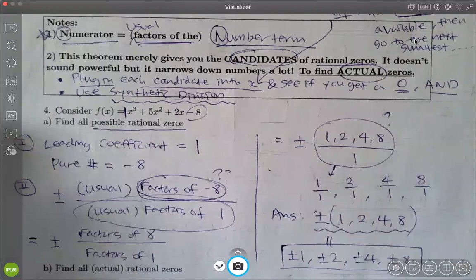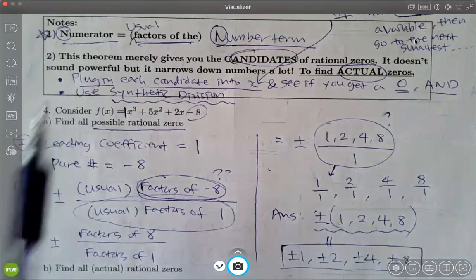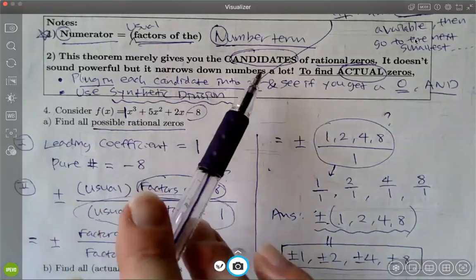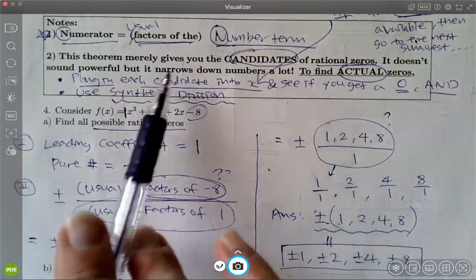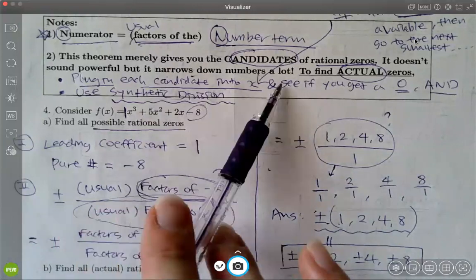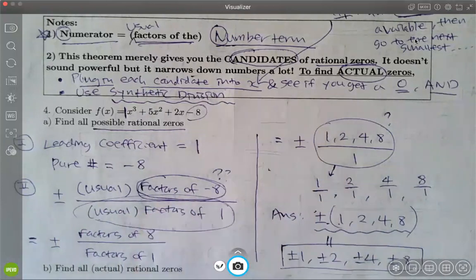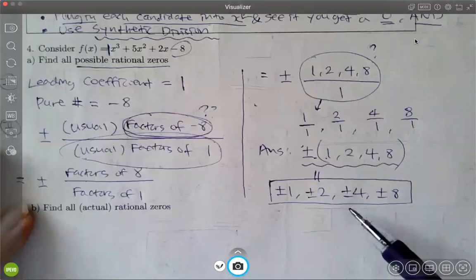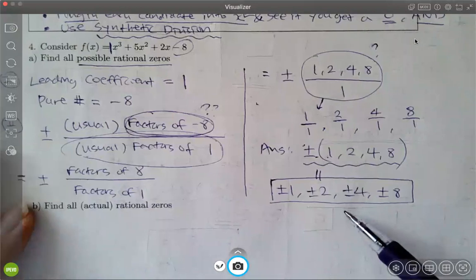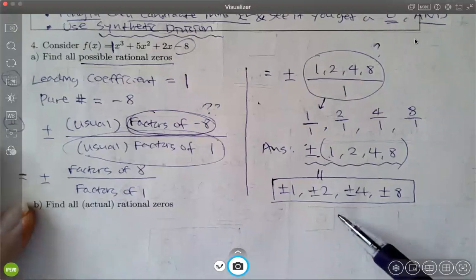There are like lots of them, right? We cannot even count all of them. Okay, so even though this rational zero theorem may not sound that powerful, it actually narrows down our options a lot. Okay, because from like trillions of rational numbers, we have narrowed down our options to these 8 numbers, which is a huge improvement. Okay, so that is A.